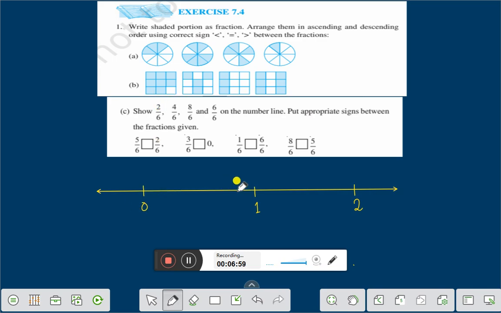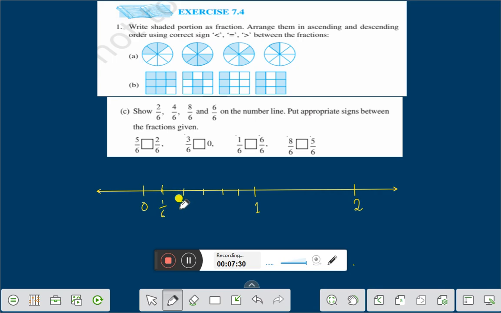That means you have to divide 0 to 1 into 6 equal parts. That is 1, 2, 3, 4, 5 and 6, 6 equal parts, right? This number is 1 by 6.